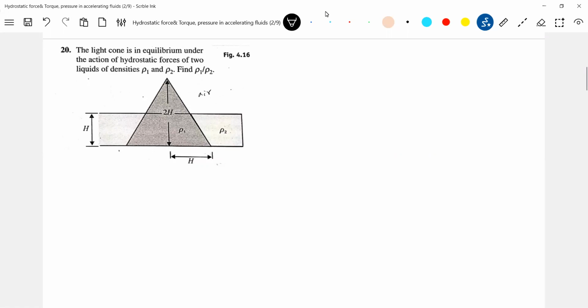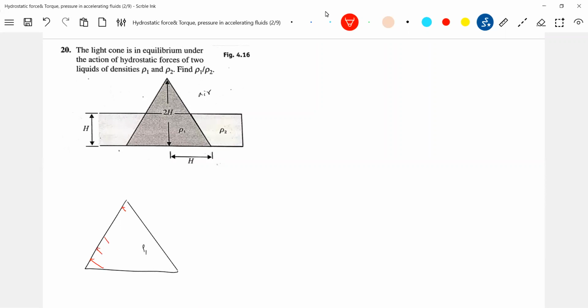So let's do one thing. Let's take the cone. Inside the cone there's a liquid, no? So let me focus on the cone part first. Inside there's the liquid of density rho 1. What will the liquid do? It will exert force. This is one of the best problems I have picked up. What are these arrows?